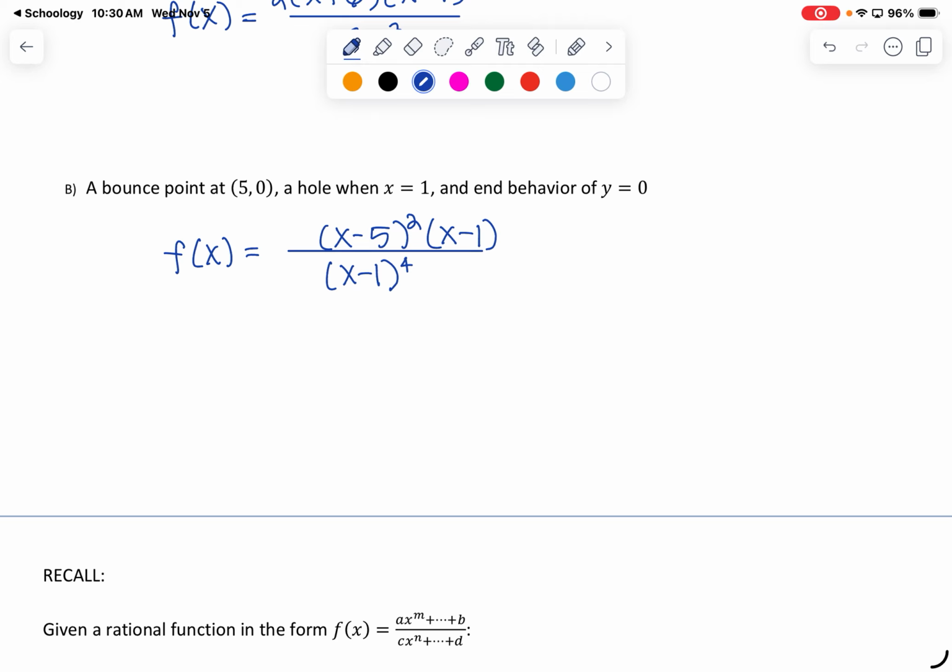If there's a hole at x minus 1, then you have to have an x minus 1 in your numerator and in your denominator. And then also, if you want an end behavior of y equals 0, the degree in the denominator has to be bigger. So my degree in my numerator was already 3, so I needed to make the degree in the denominator 4.